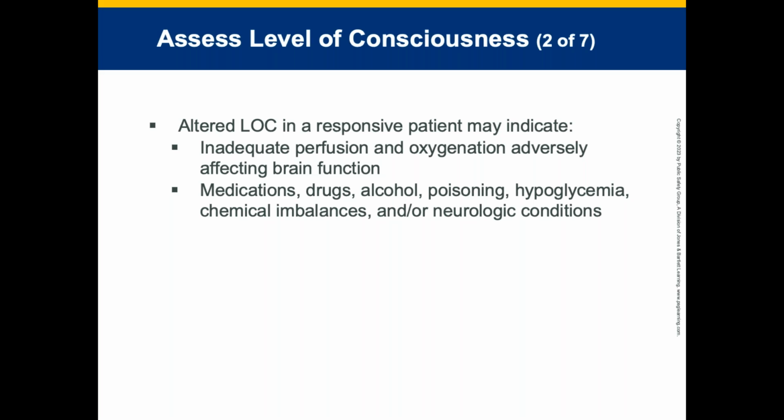So high or low potassium. Do they have hyper or hypocalcemia? So high or low calcium. What about sodium levels? So we look at all these different things. Can we test these in the field? No. But are they on medications causing them to reduce their potassium, reduce their sodium? Increase their sodium. If a patient is taking furosemide or Lasix, what kind of medication is that?